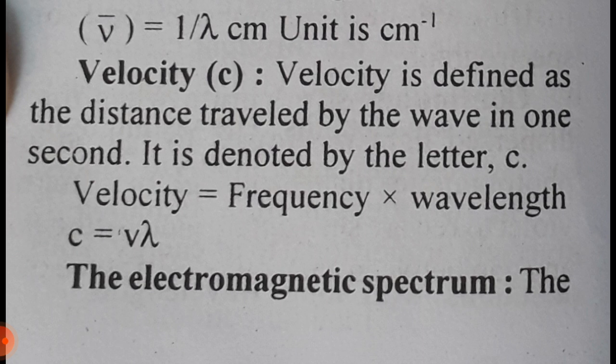Velocity c. Velocity is defined as the distance traveled by the wave in 1 second. It is denoted by the letter c. Velocity is equal to frequency multiplied by wavelength. c is equal to nu lambda. Electromagnetic spectrum.